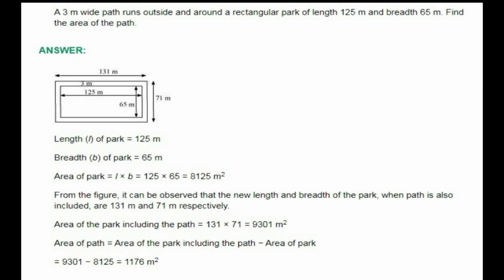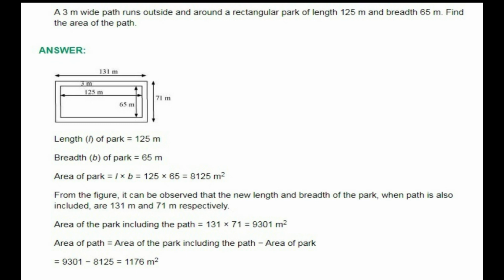So if we add the 125 meter with 6, we get 131 meter as the new length. Similarly, in case of breadth, to find out the new breadth we have to add the 65 meter with 3 plus 3, that is 6. 65 plus 6 is 71 meter.